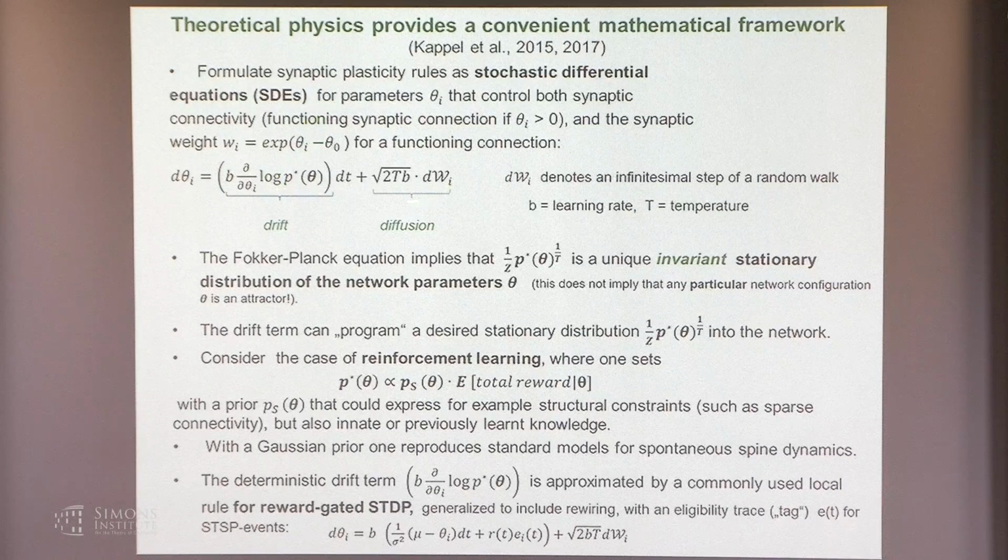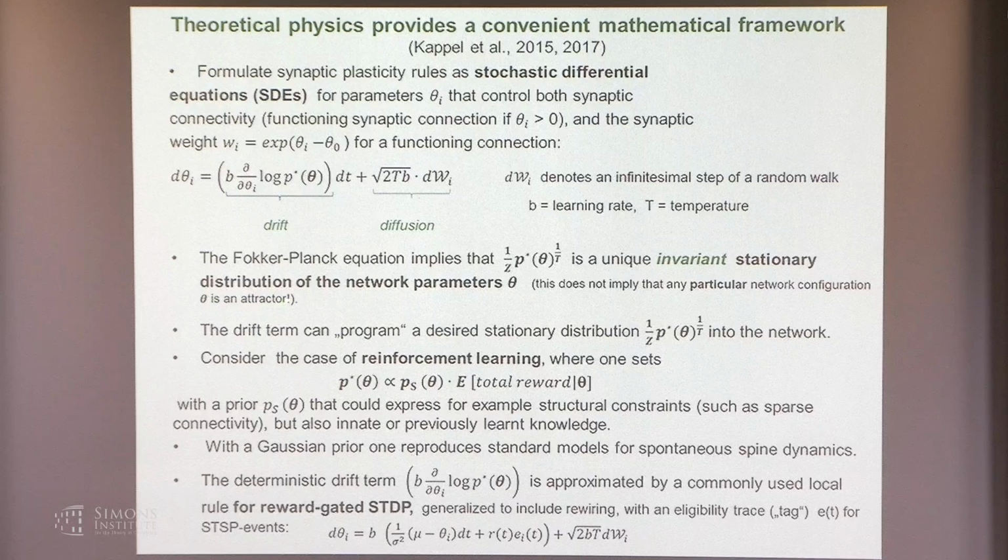Now this looks like an awful equation. Here I have plugged in something which is a black box. In principle, you can plug in any distribution over network states. Theta is the vector of all the parameters theta i in a network, and here I have a partial derivative with regard to the log of some given p star. The Fokker-Planck equation tells us that if all these stochastic equations for each synaptic connection are running simultaneously, we can say something about the stationary distribution of this network, in terms of parameter vectors rather than network states.